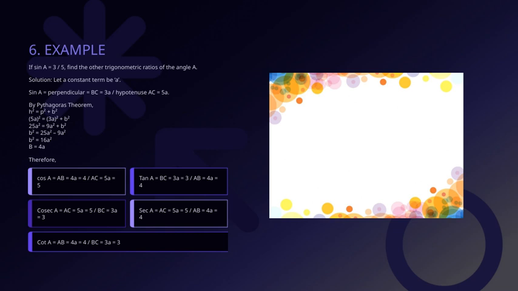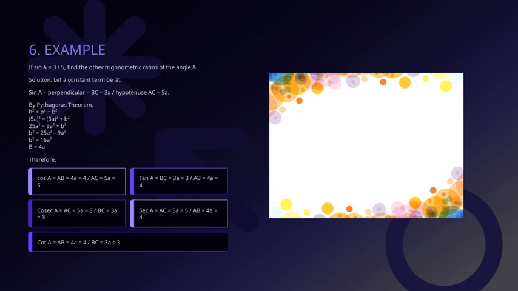For tangent A, which is opposite over adjacent, that's BC over OB, or 3a over 4a, simplifying to 3 over 4. The cotangent A, being adjacent over opposite, is 4a over 3a, which simplifies to 4 over 3. Lastly, sec A, which is hypotenuse over adjacent, is 5a over 4a, giving us 5 over 4.